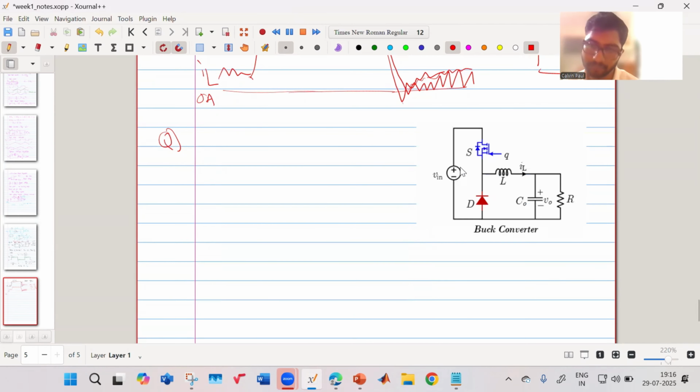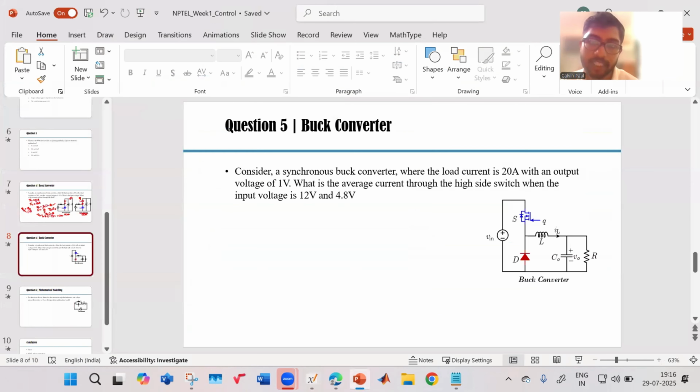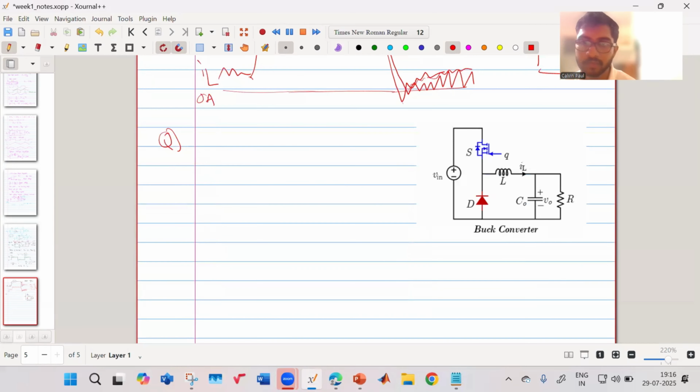Okay, this is the buck converter. What they have given in the question is load current of 20 ampere with the output voltage of 1 volt. And what is the average current through the high side switch when the input voltage is 12 volt and 4.8 volt?